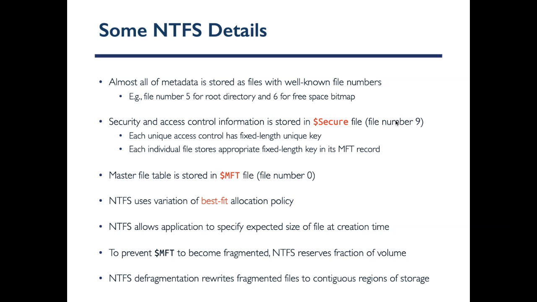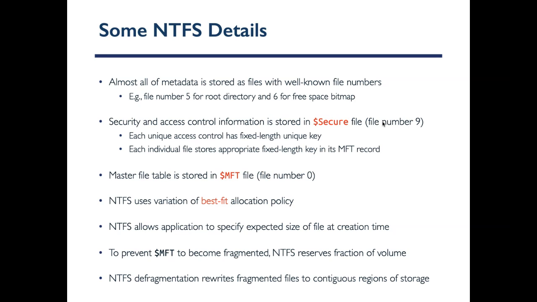So the way it works is in this file, you have all different types of access control. Let's say if in your system all files have the same access control, then you would have one entry here that would correspond to that particular access control that all files have. But if you have different access controls, for instance, files that have read-only access, and then files that have read and write permission, then you would have 2, for instance.